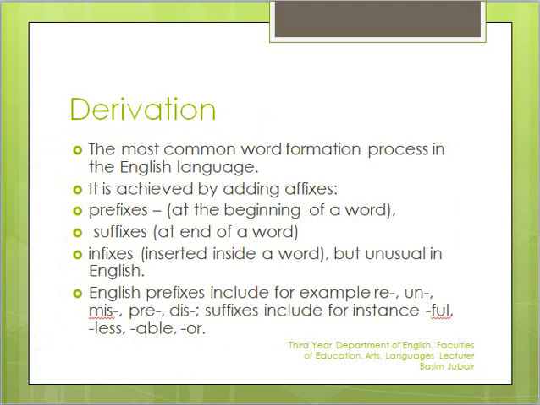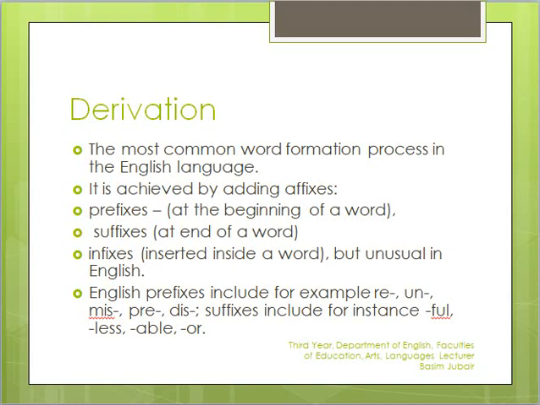It is achieved by adding affixes. Here, derivation means we add affixes to the words. The affixes can be a prefix at the beginning of a word, a suffix at the end of the word, and an infix which is inserted inside a word. In English, prefixes include, for example, re, un, mis, pre, and so on.